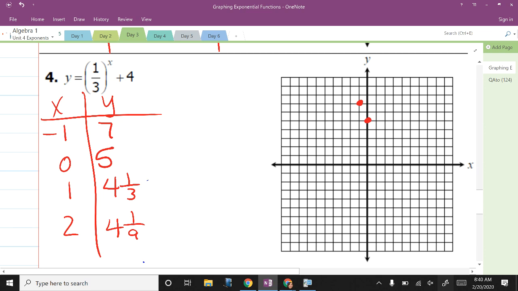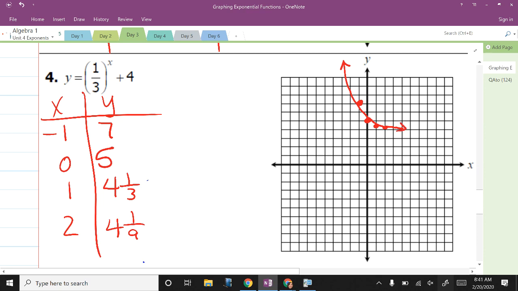Then I have 1, 4 and 1/3. So 4 and 1/3 is about right here-ish, right? And then 4 and 1/9 is even closer to 4, but does not touch it, right? So that's kind of hard to do when you have fractions, but you're going to have a lot of fractions on these. So 1/3 and then 1/9. So this one is doing this kind of thing.